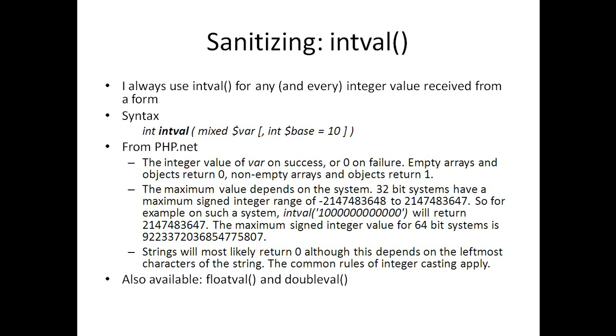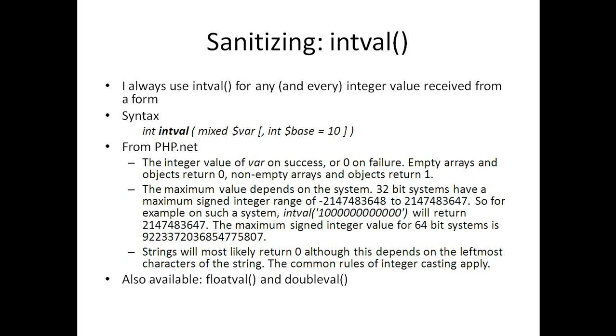So from php.net, the integer value of var on success or 0 on failure. Empty arrays and objects return 0. Non-empty arrays and objects return 1, meaning non-empty arrays and non-empty objects return 1.